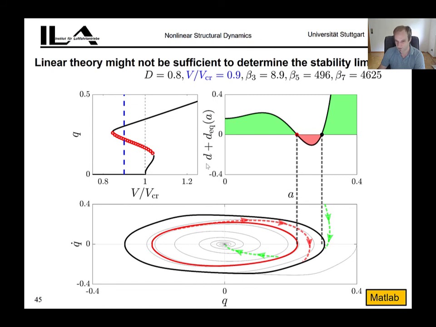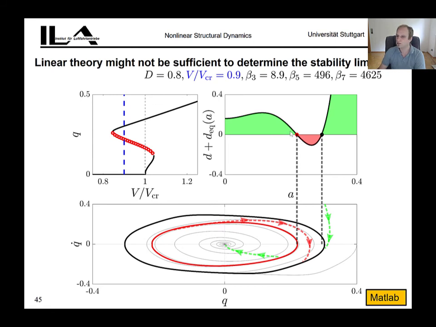So this wasn't done here either. And in fact, sometimes it's easier to plot directly the overall damping instead of the energies. And this leads to this depiction here. So first, for a certain amplitude, we have positive overall damping. Then we have some range where we have negative damping, then positive damping again.